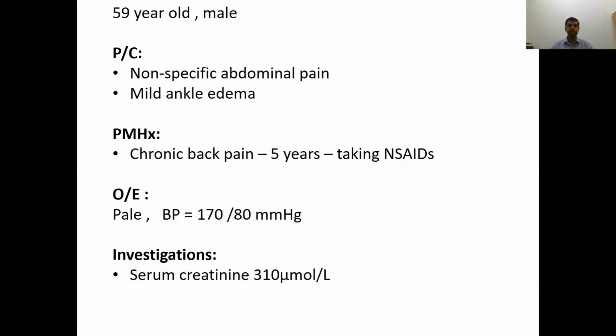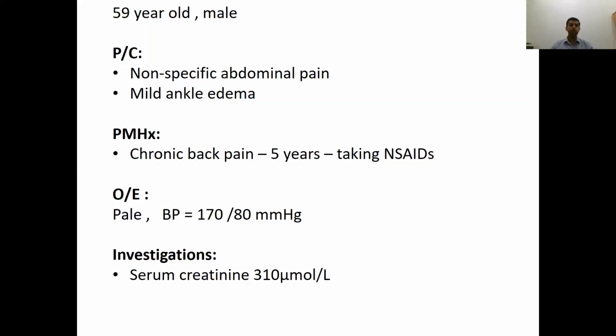On examination, he's pale, blood pressure is 170/80, and there is a serum creatinine of 310 micromoles per liter. If you can't remember the reference range, generally up to about 100-110 micromoles per liter is considered normal. You can see that this is 3 times the normal range, so it's high.